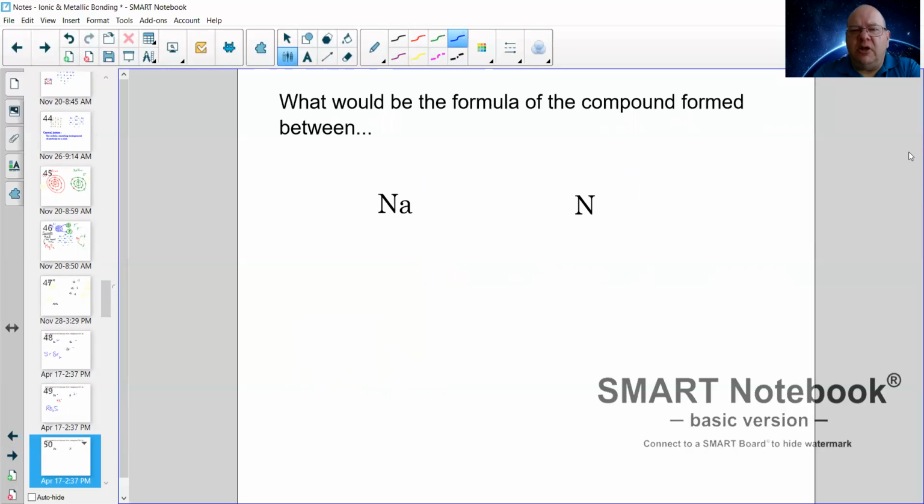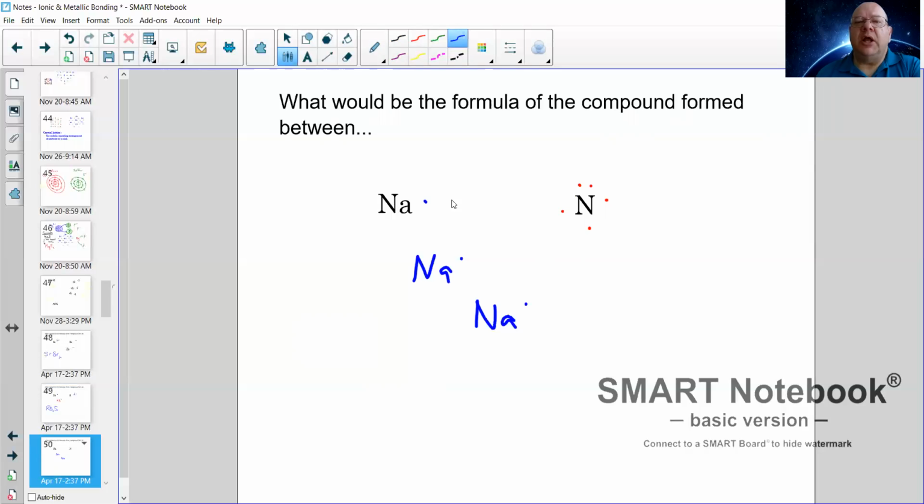I'd like you to pause the video and work out a formula for sodium nitride. And here's assuming that you did that. Wonderful. I'm going to go through and say sodium's got 1 electron. Nitrogen has 5 electrons. So it's going to take 3 sodiums to pair up with the 1 nitrogen.